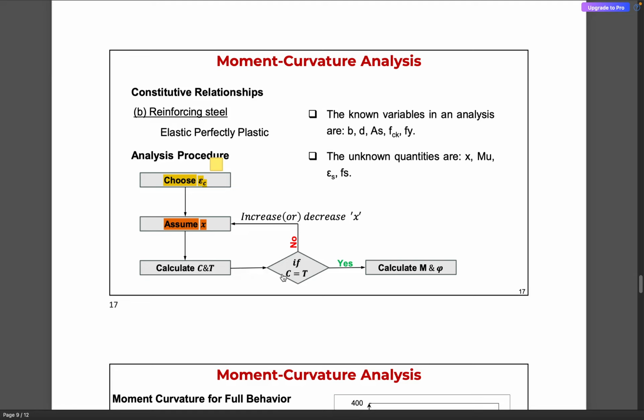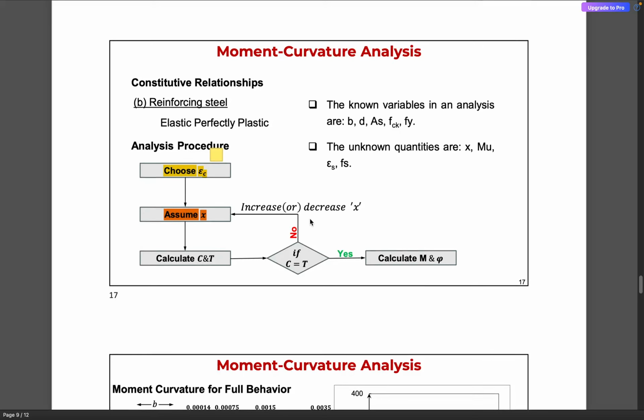If these two are matching, then our assumption of x is accurate and we can go ahead and calculate the value of m and phi. However, if there is an imbalance within these forces, that is if c is greater than t or c is less than t, we need to modify the value of x so that these two forces match, and after that we can go ahead and determine the value of m and phi.